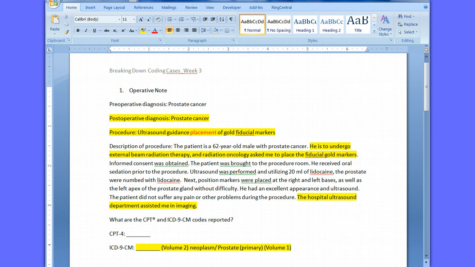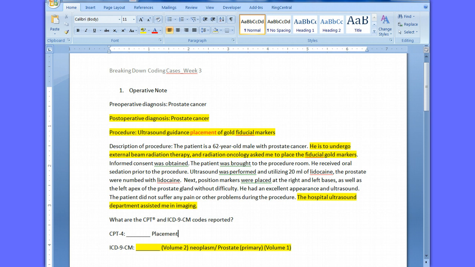So how do we locate this code? Initially, we go to the word placement. That's the action word. When you're dealing with the procedures, you always want to look at the action word. What is actually being done? What is the word that's showing a process of something being done to a body part? And that's how you know what your initial search term is going to be, and that's a good start.